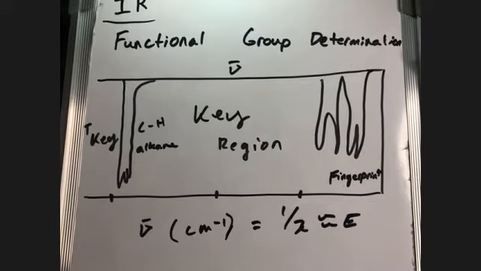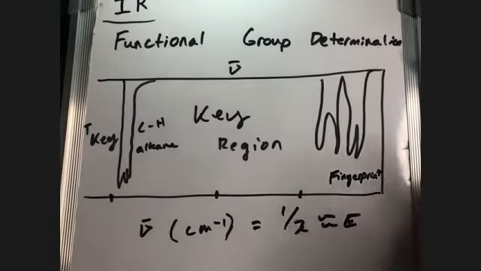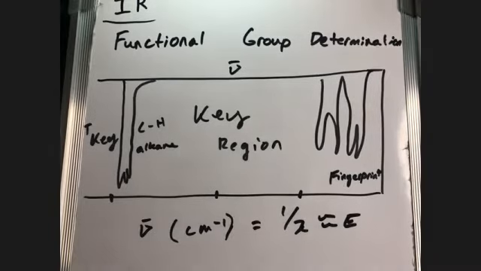So basically the takeaway from what I've talked about so far is pretty much ignore what's before 1,000 and then pay special attention between 1,000 to 2,800 and then above 3,000. Okay, questions on that? That's a brief introduction.